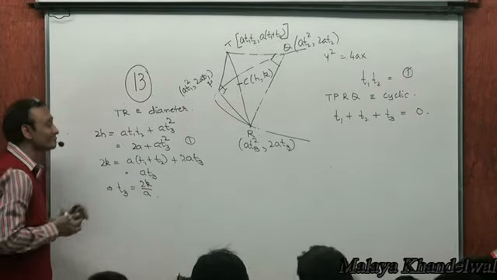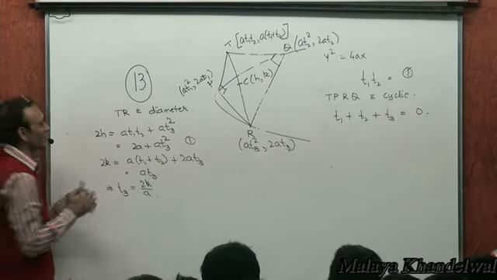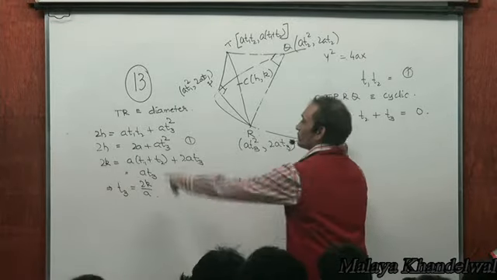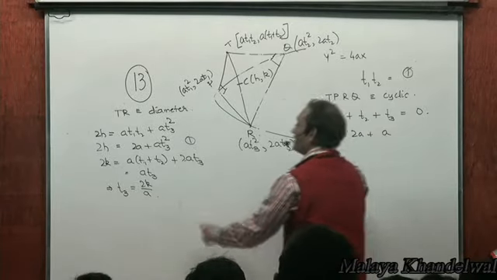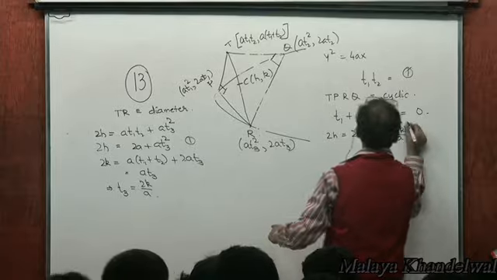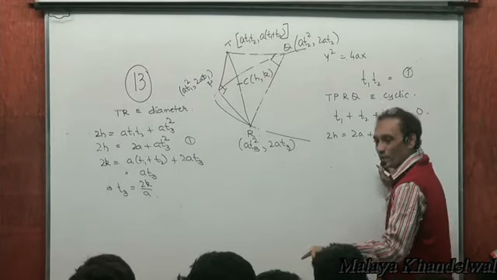Plug t3 in this equation. The last step to be performed: equation 1, 2h is 2a plus a t3 squared, which is a times (2k by a) whole squared. Replace h by x and k by y.